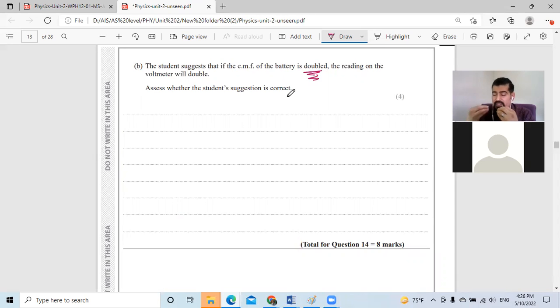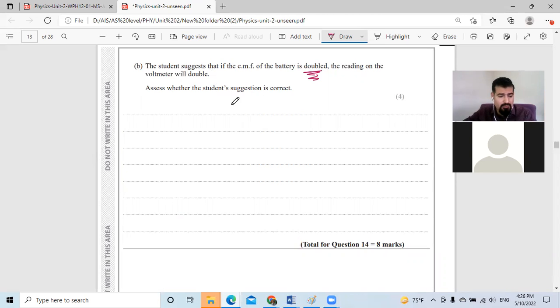That makes the potential difference across the fixed resistor increase, since they are connected in series. So the reading of the voltmeter, which is across the fixed resistor, will be more. So the student's suggestion was not correct, right?